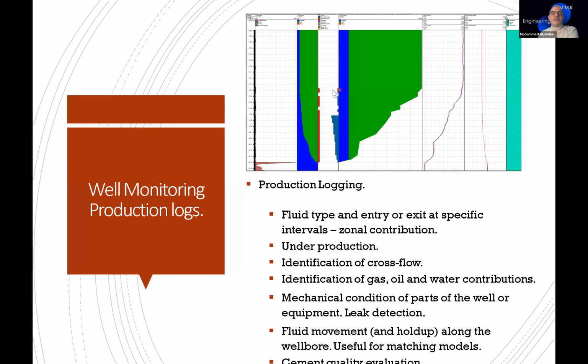So why is this interval just giving us 10 barrels per day, and this perforation maybe can give us thousands of barrels per day? Is there any problem with the permeability? Is there any scale? These kinds of questions we can answer from the fluid entries and fluid sampling, and doing the lab investigation.